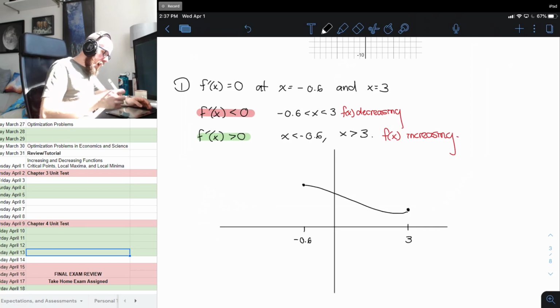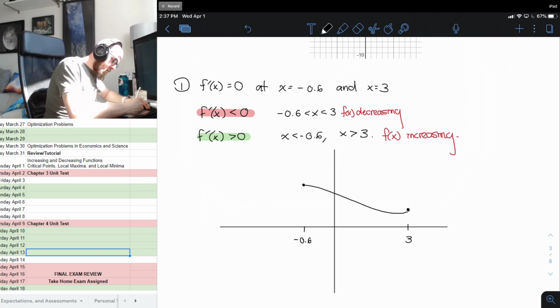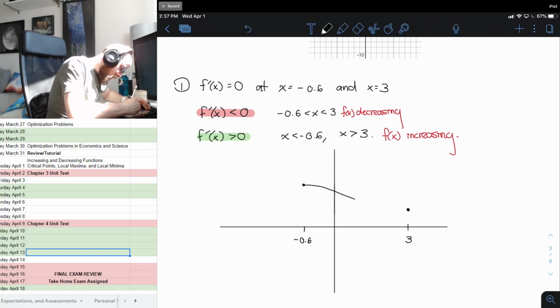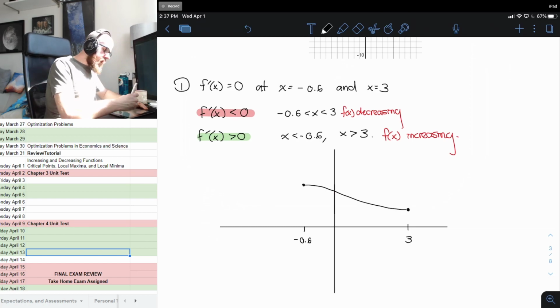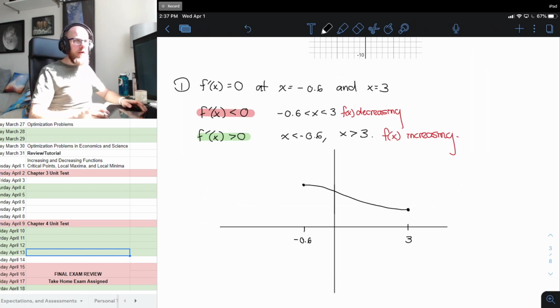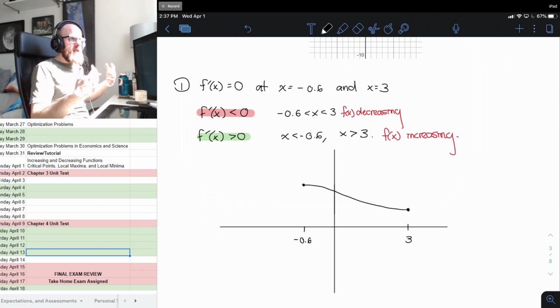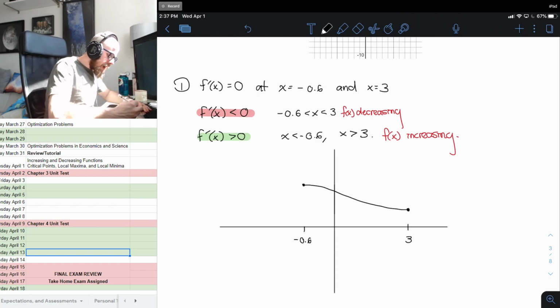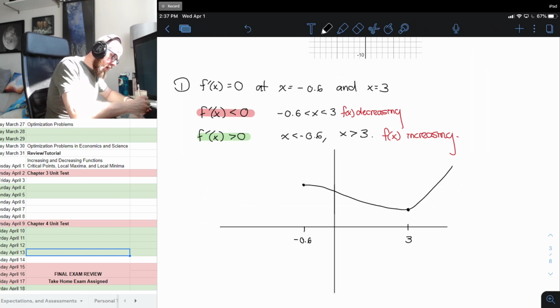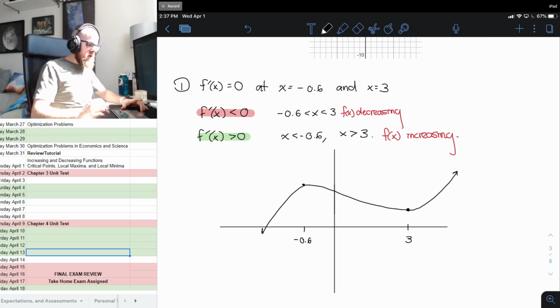Actually, let me make that a little bit more clear. I can see that at any point within that interval, my slope would be negative, which is exactly what I want. Now when x is bigger than 3, or when x is smaller than negative 0.6, I'm increasing, which means my y values are getting bigger as I keep going. And so my function could look something like that.